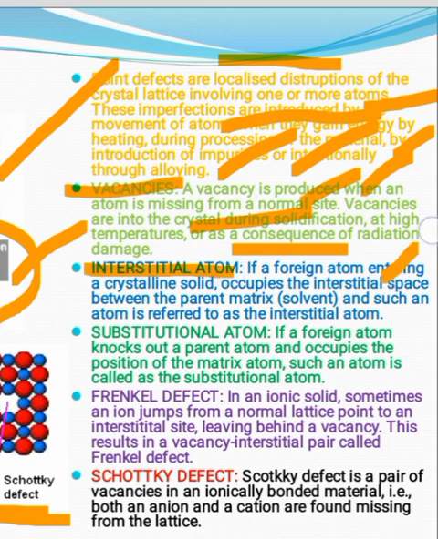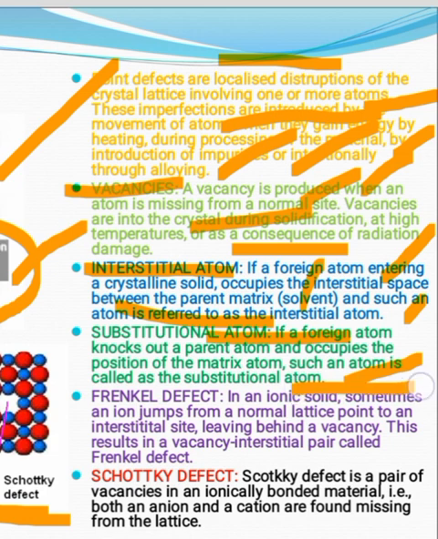If a foreign atom entering a crystalline solid occupies the interstitial space between the parent matrix atoms, such an atom is referred to as an interstitial atom. Substitutional atom. If a foreign atom knocks out a parent atom, such an atom is called a substitutional atom.